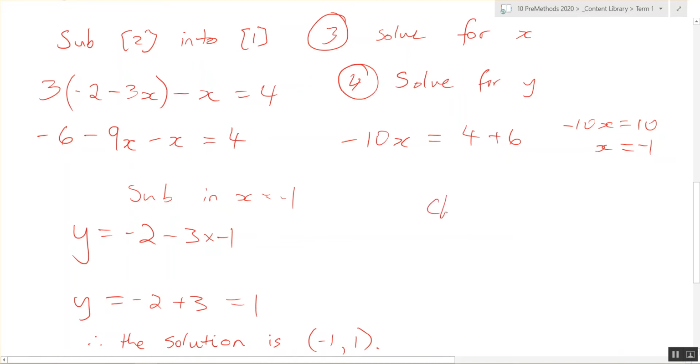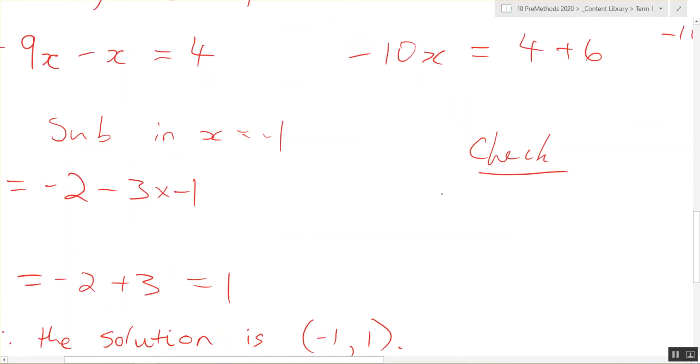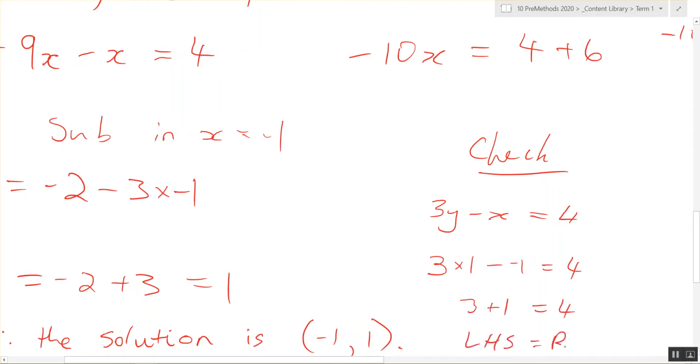So you guys are used to doing checks. 3y take x equals 4. So what was y again? You guys remember? It's 1. And what was x? -1. So 3 plus 1 equals 4. Equals right hand side.